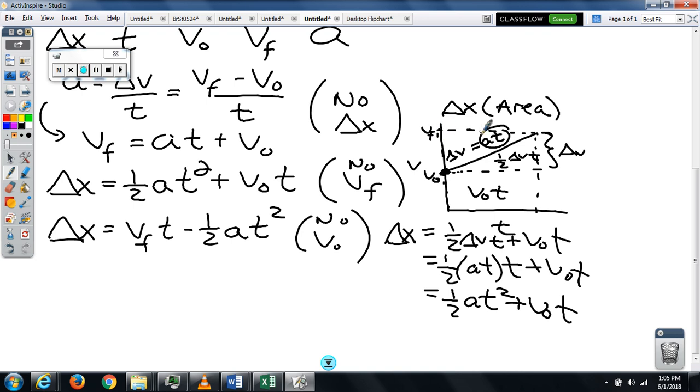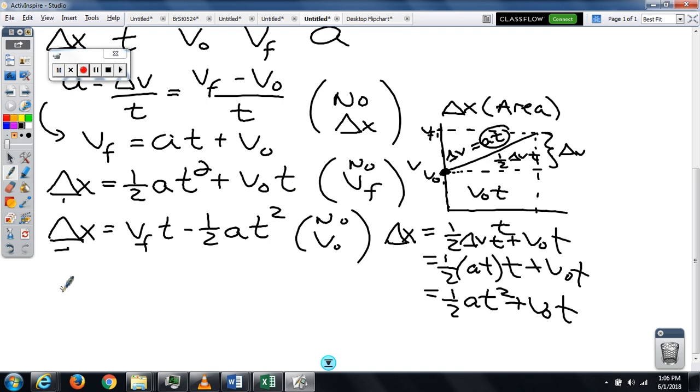You find the area of the full rectangle, which is what vf times t is, and then you subtract the area of a triangle that has the same dimensions, because this is just a rectangle that you cut in half, so this triangle has the same area as that triangle. So the area of this triangle up here is still 1/2 a t squared, but you subtract this area from the full rectangle, and you're left with the same area underneath. This delta x and this delta x are the same thing. It's just, do you know v final or do you know v initial? That's the difference.